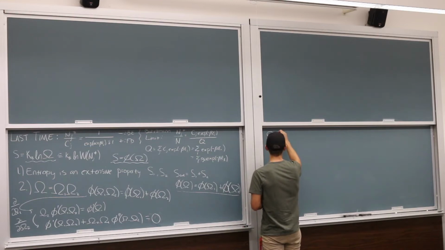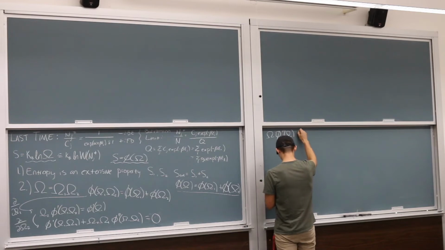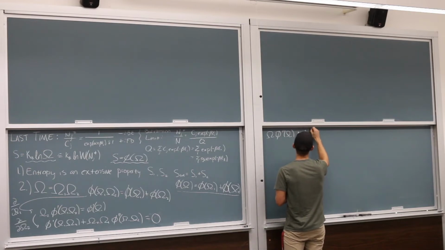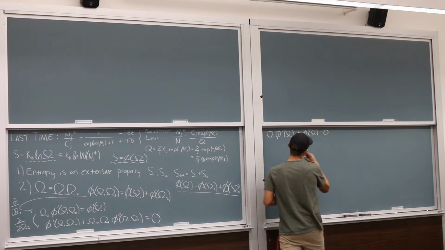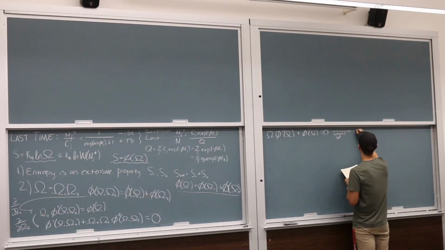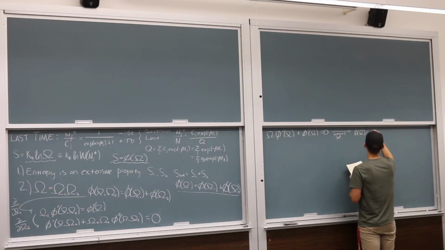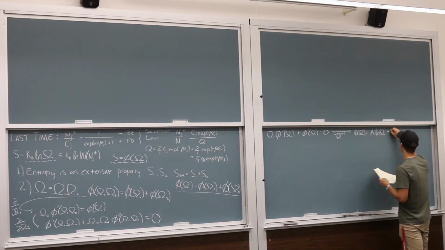Big omega phi prime omega plus phi prime of omega is equal to 0. The general solution to this is phi omega is equal to a times the natural log of omega plus b.